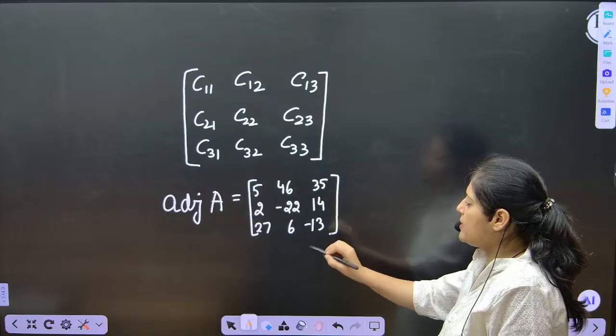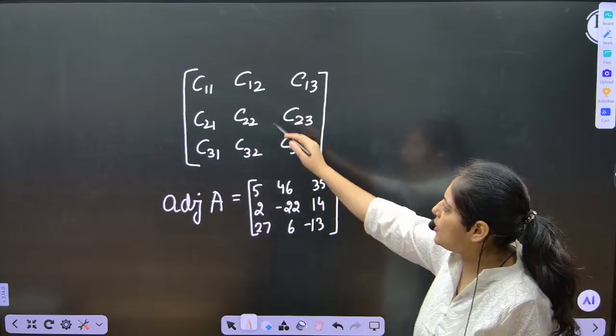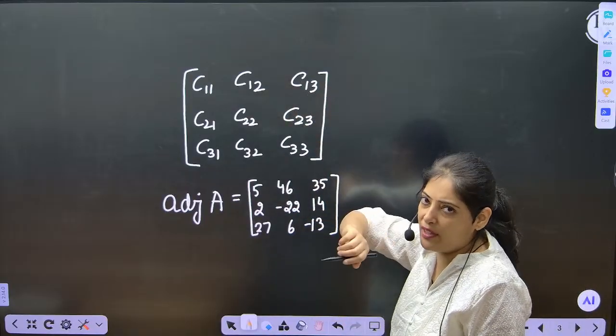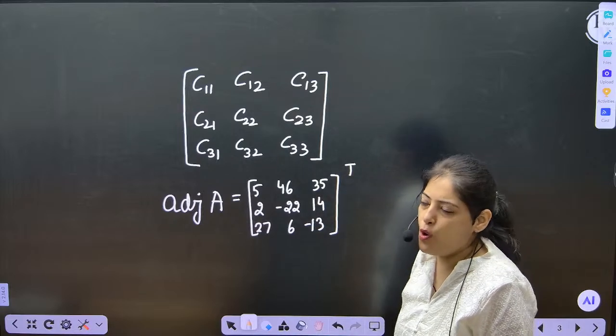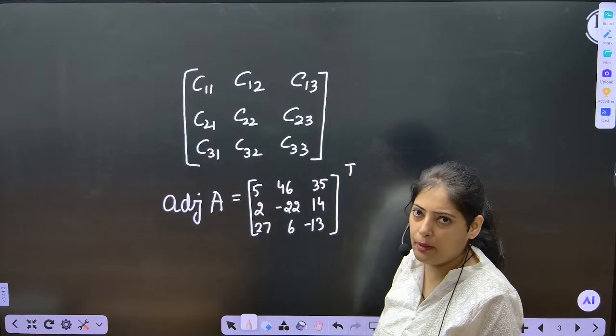Okay, this matrix we have got. This is the cofactor matrix. But now we'll take the transpose of this cofactor matrix.